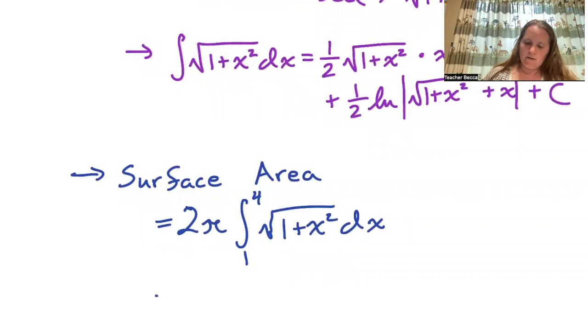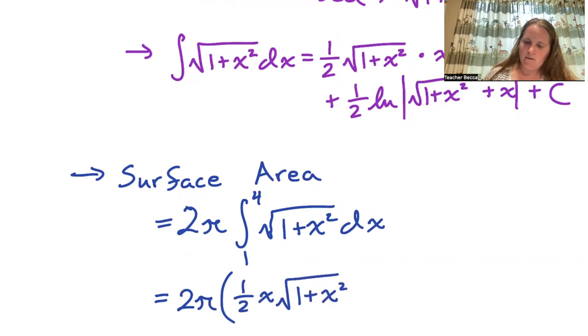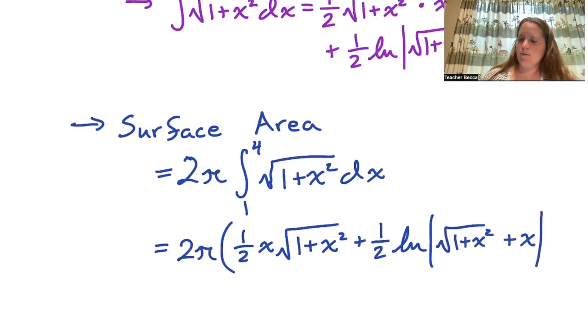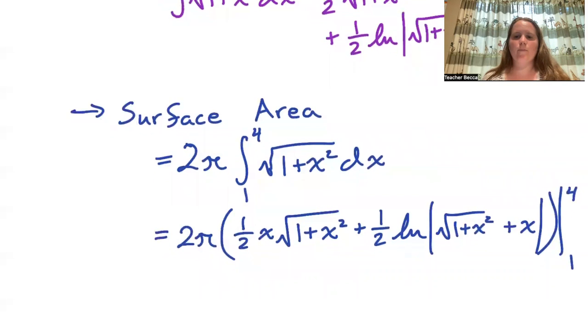So this is 2 pi times 1/2 times x times the square root of 1 plus x squared plus 1/2 times the natural log of the absolute value of the square root of 1 plus x squared plus x, and absolute value, evaluated at 1 and 4.